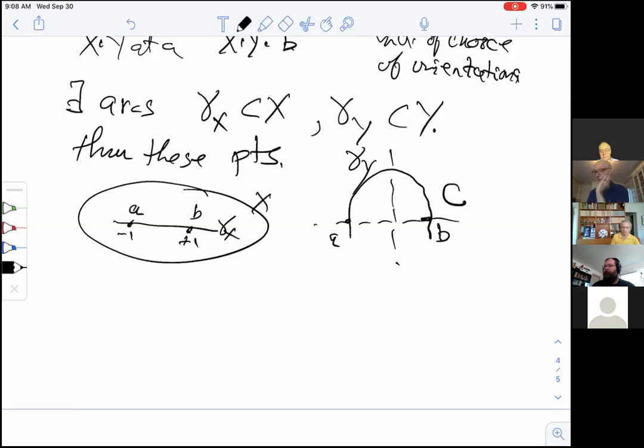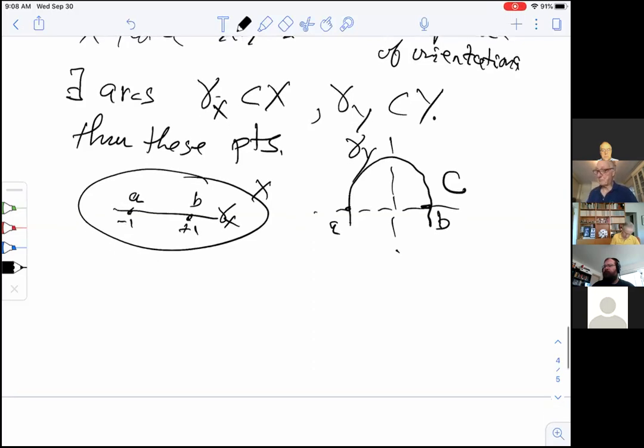Okay. So in other words, I have a map of this interval in the x-axis isomorphically onto gamma x. This part of the unit circle, slightly bigger than the upper hemisphere, goes isomorphically onto gamma y.